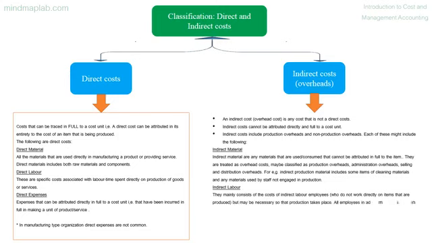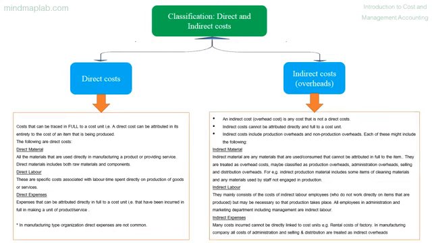All employees in administration and the marketing department, including management, are indirect labor. Indirect expenses. Many costs incurred cannot be directly linked to cost units, for example rental costs of the factory. In a manufacturing company, all costs of administration and selling and distribution are treated as indirect overheads.